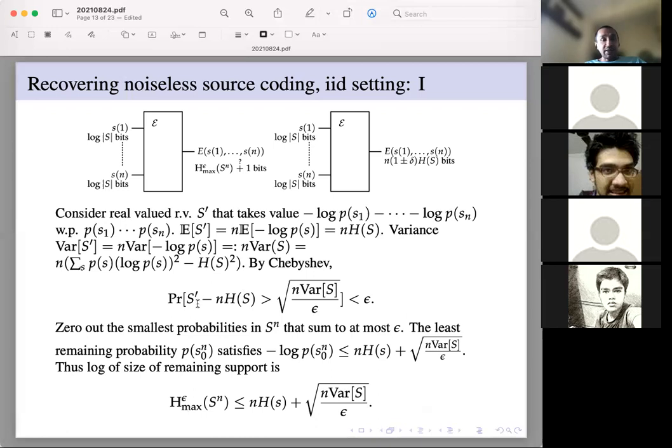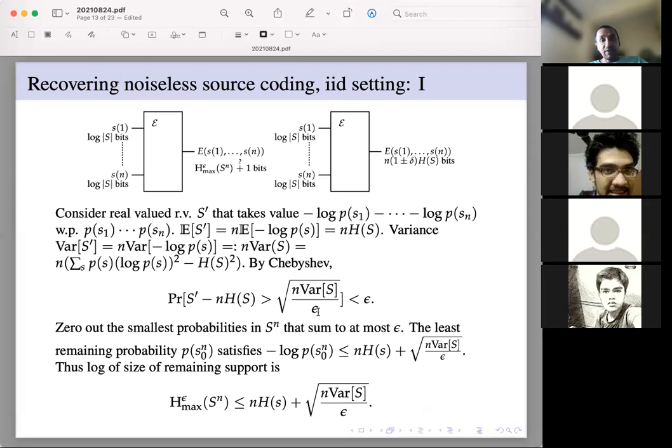But what are these guys? S prime large means the probability is small. So zeroing out sample points with large S prime means zeroing out sample points with small probabilities.